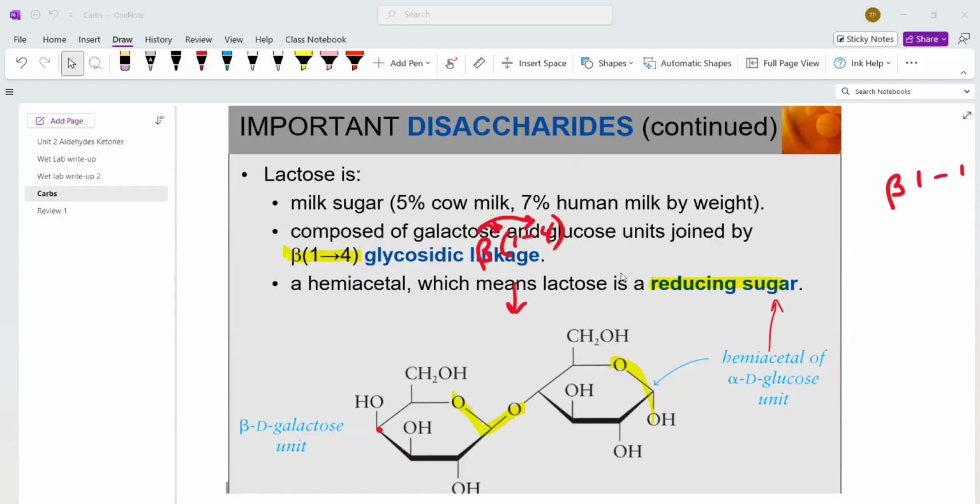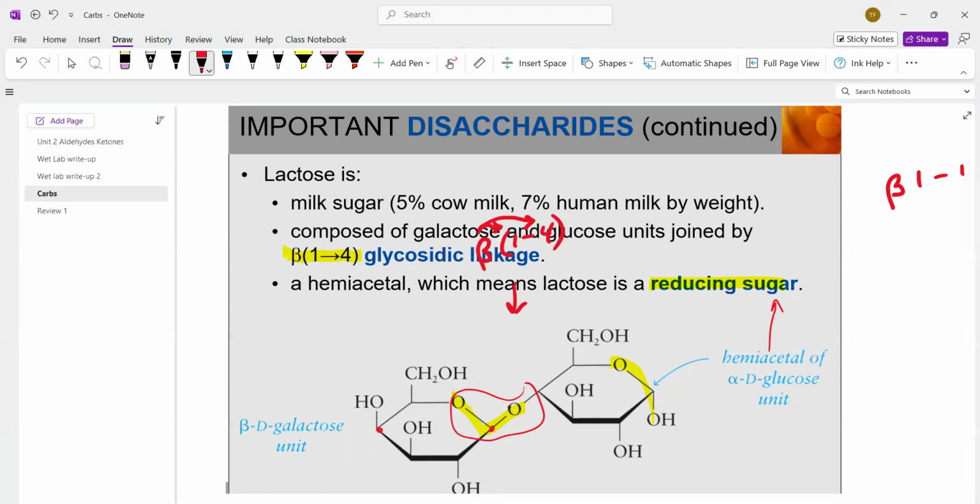In this case, with lactose, we have galactose and glucose. So the linkage is the linkage right here. In the case of lactose, that needs to be a beta linkage since the anomeric carbon, the OH group, hydroxyl group goes up.